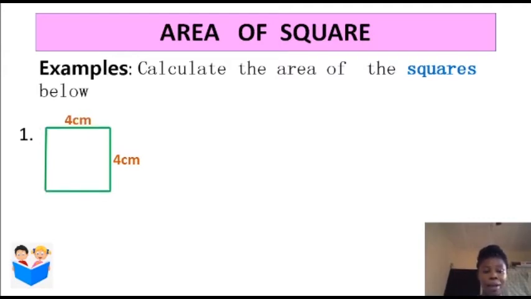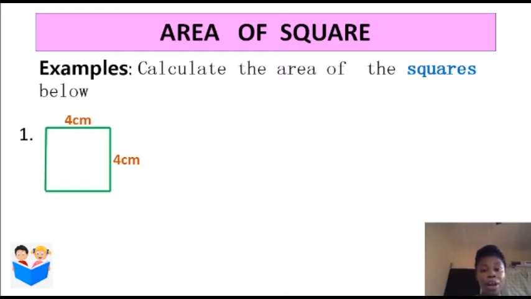These two parts are length, and these two parts are also length. This is trying to let us know that all the sides are equal. If one side is 4 centimeters, the other 3 sides are all 4 centimeters. But for calculation of area, we just need these two sides to calculate.